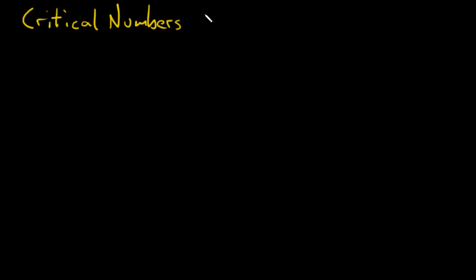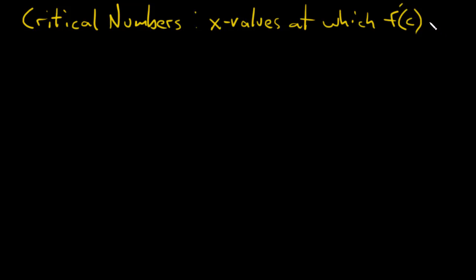So critical numbers, those are the x values at which the derivative is 0 or the derivative does not exist.